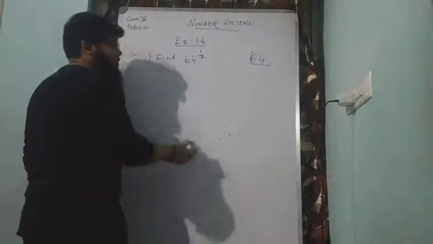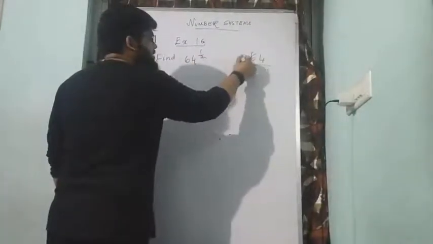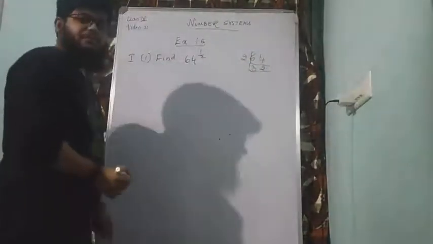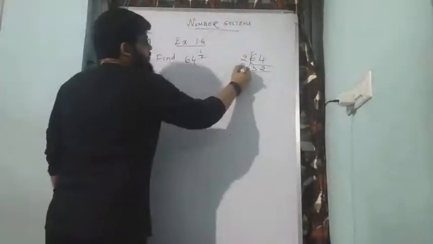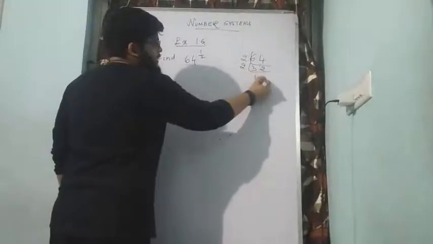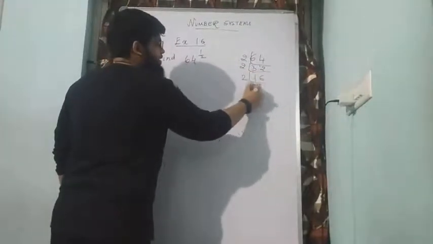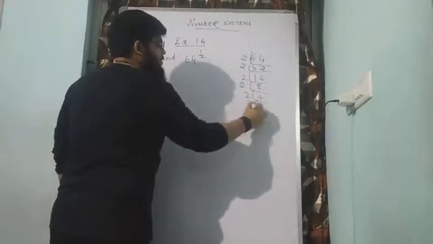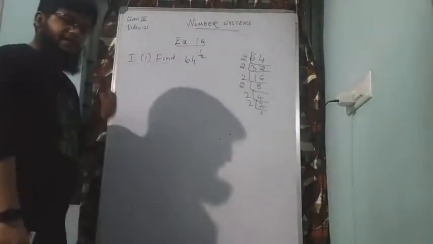Okay, how do we factorize 64? 2 3s are 6, 2 2s are 4. Please try to recall something from last year. 2 1s are 2, 1 carry 2 6 are 12, 2 8s are 16, 2 4s are 8, 2 2s are 4, 2 1s are 2, right? So we factorize like this.